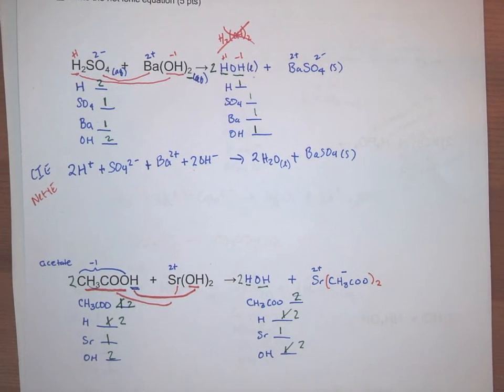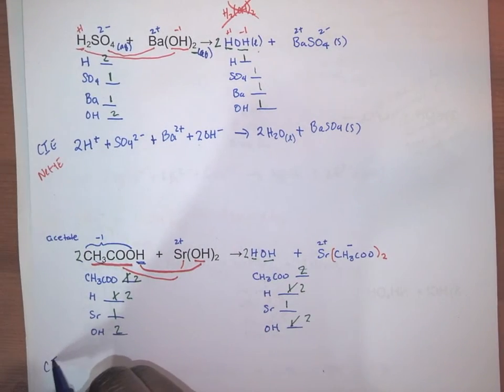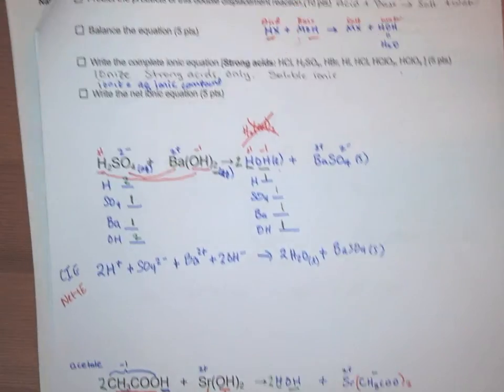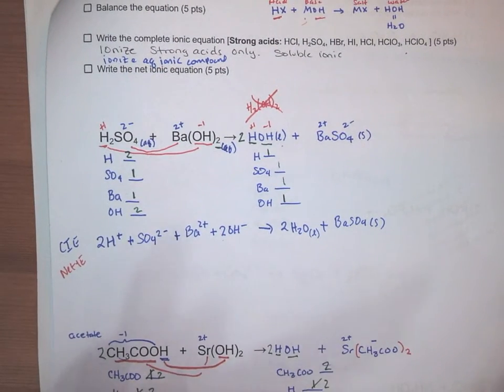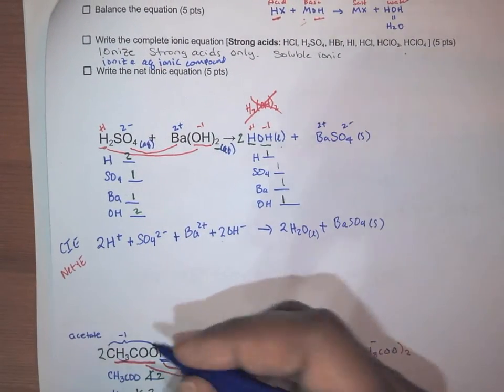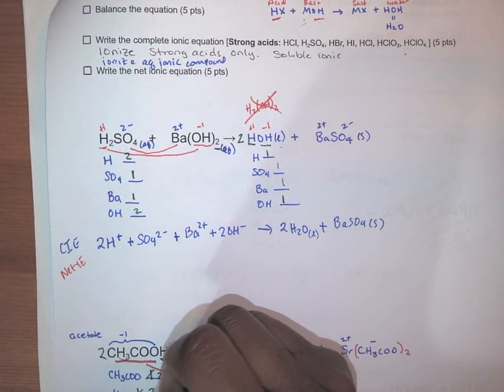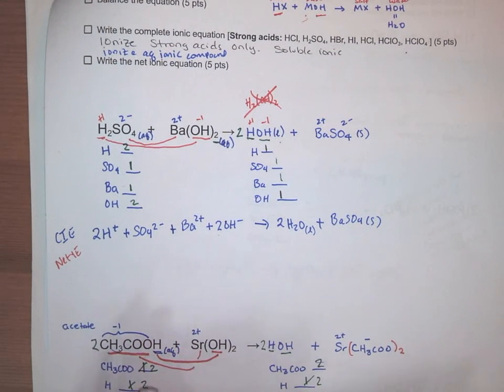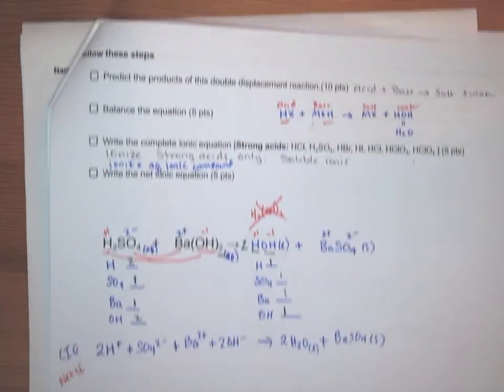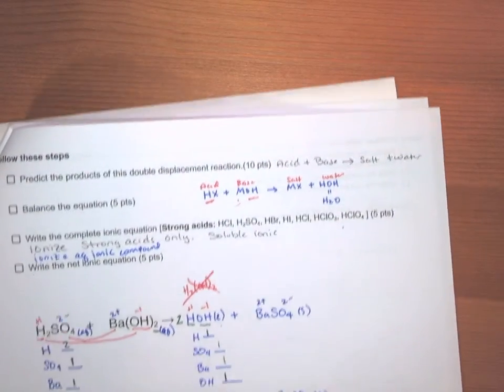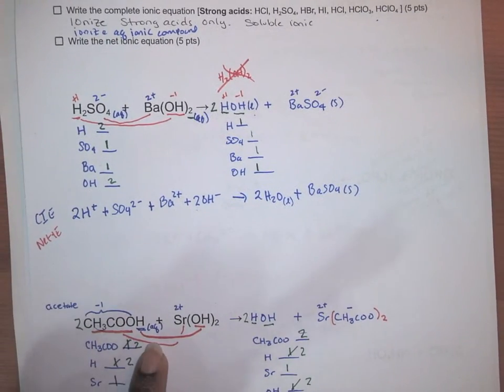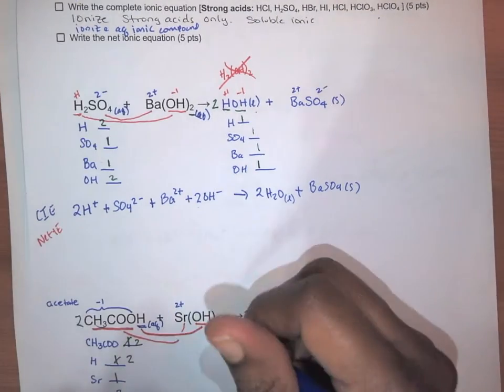Okay, now we're going to go on to our complete ionic equation, CIE. For acids, actually first we're going to go ahead and put our symbols in. So acids are always aqueous, but that means nothing for the acid. That means absolutely nothing. To figure out if you can break it into ions, or ionize it, you have to look at the list. If it's on the strong list, you ionize it. So all the acids are always aqueous, but it means nothing to them.